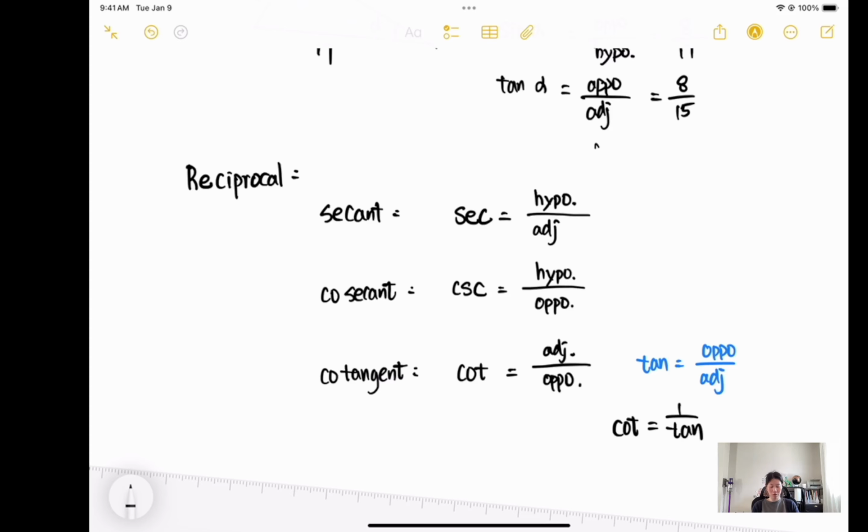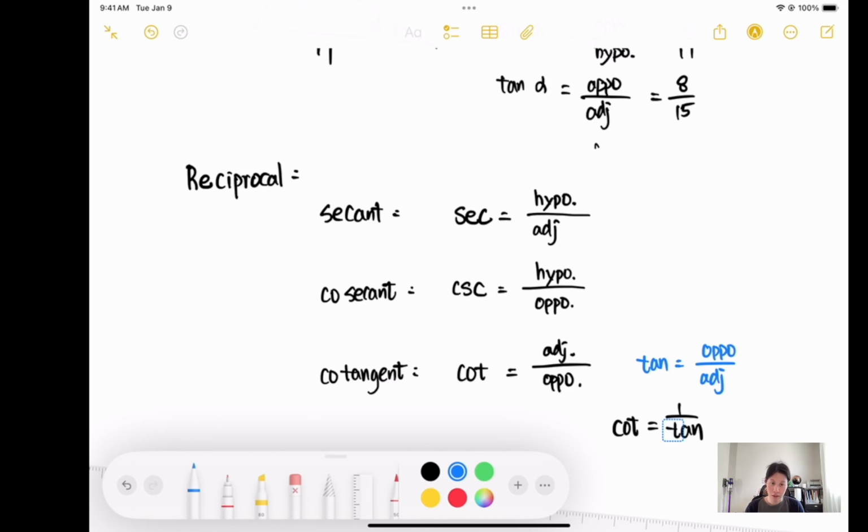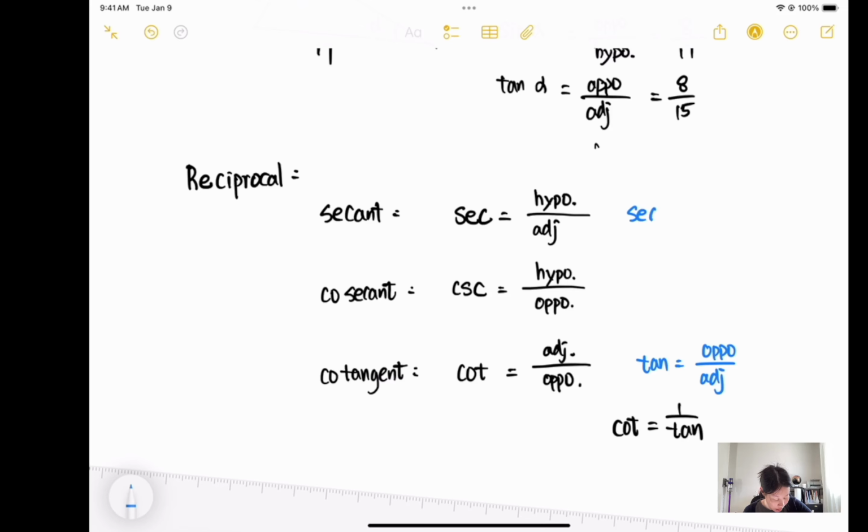Now, similar to cosecant and secant, take a look at secant. Secant is equal to the hypotenuse over the adjacent. If you flip them, remember if it's adjacent over hypotenuse, this is going to become cosine, right? So that means secant is 1 over cosine.